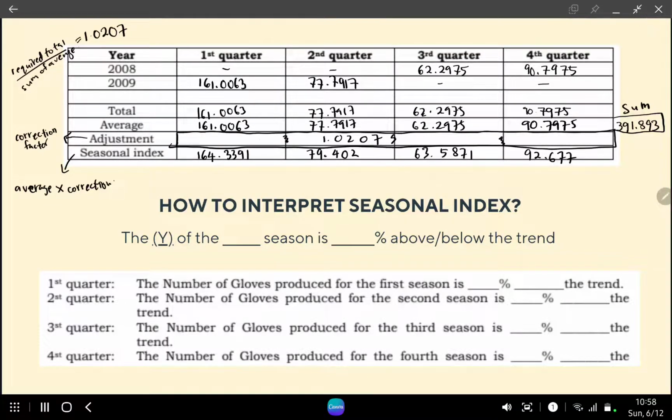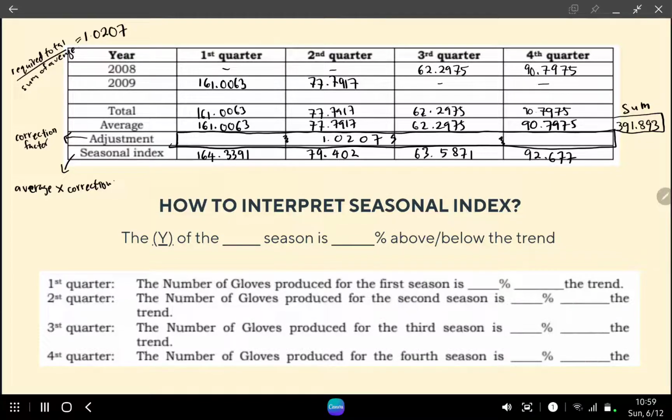So this is how to interpret the seasonal index. Your statement should be like this: the sales of the item in a given season are how many percent above or below the trend. For example, for the first quarter, our seasonal index is 164.3391. So there is an increase here.